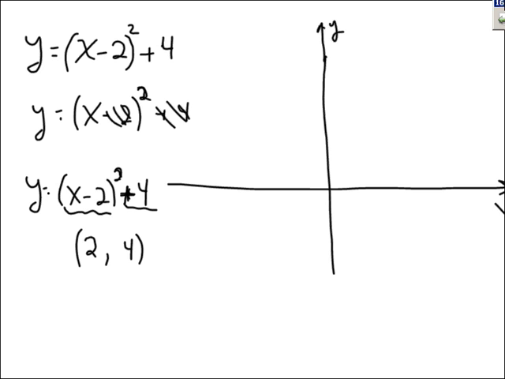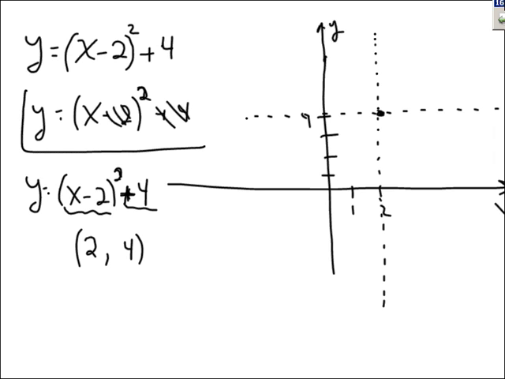If you go to 2, 4, and you think of this as the new origin, that is, think of this as your y-axis, think of this as your x-axis, and think about this just being an x squared graph. Oh, x squared, boom, boom, done.